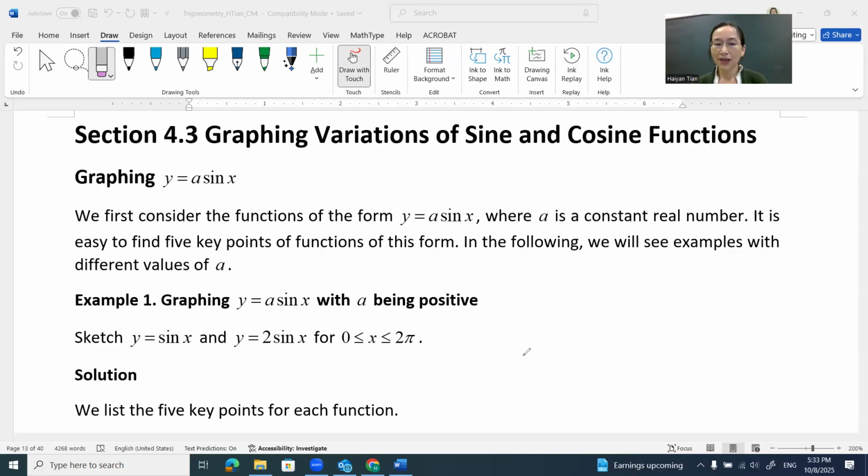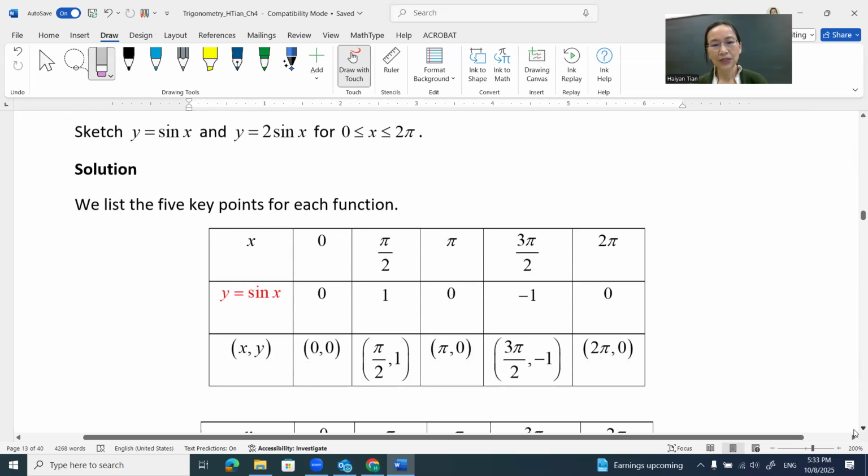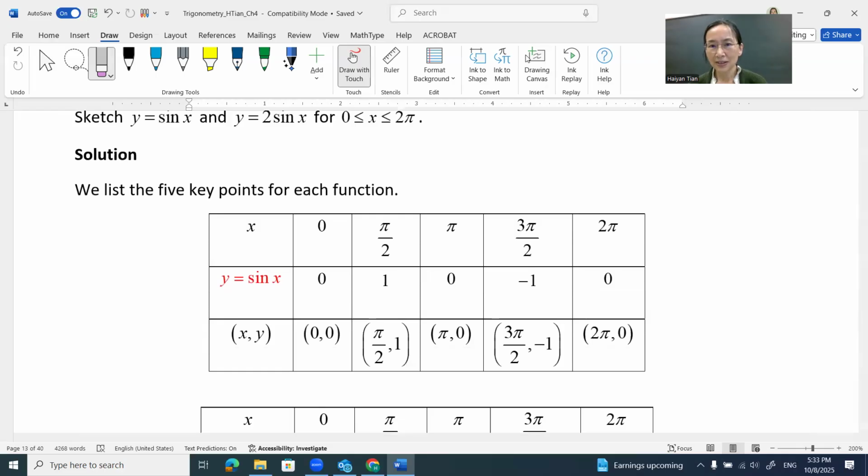So we use the 5 key points to sketch a function. When we sketch a basic sine function, here we just give an x value and the function value, right?